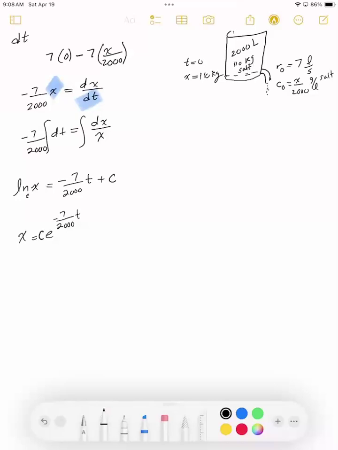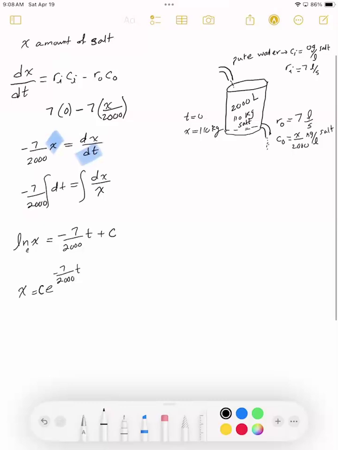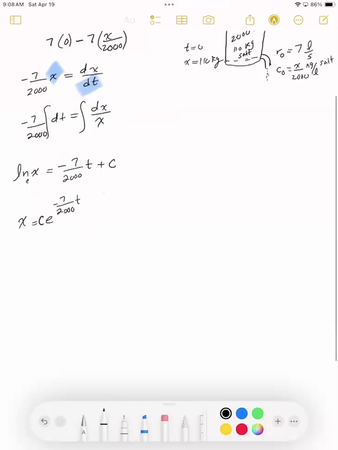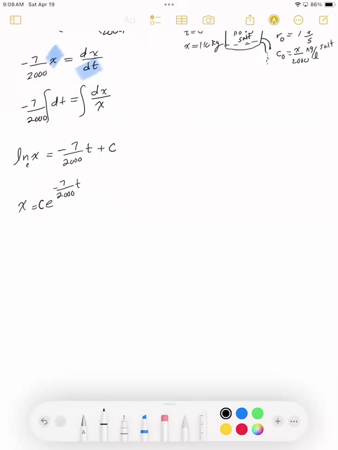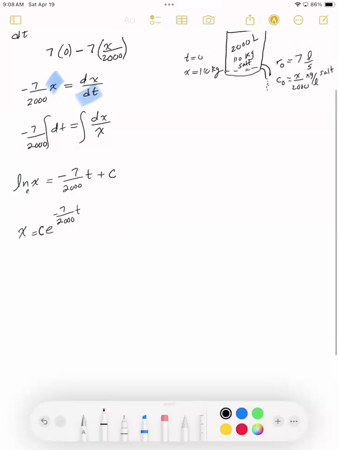I know I said grams here. I can always change that to kilograms of salt. Because I'm not using grams anywhere else, I'm not going to convert it. So when time is 0, the amount of salt is 110.